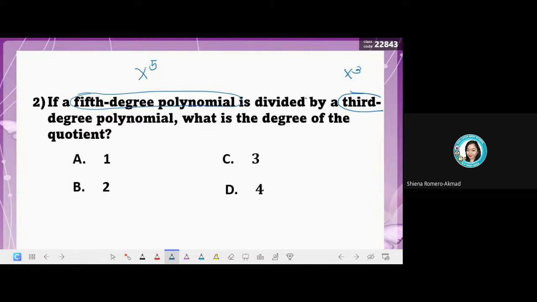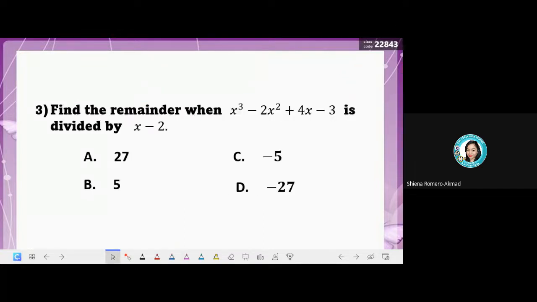So sa tingin ninyo, ano yung magiging answer? A, B, C, or D. You can type your answer sa ating in-call messages. Pakitype yung answer. Ano yung degree na magiging sagot niya? Correct. The answer here is letter B. Okay? Kasi nagbabawas lang tayo ng exponent ng variable.